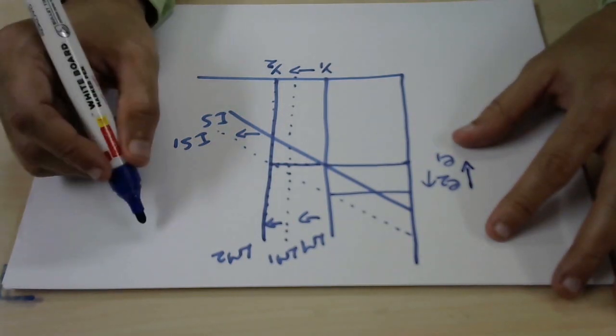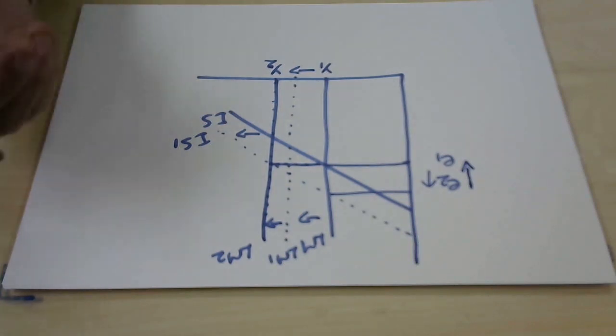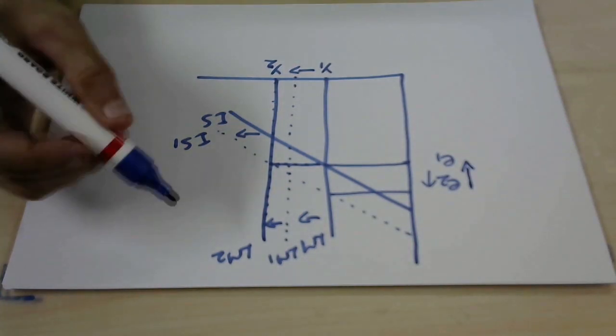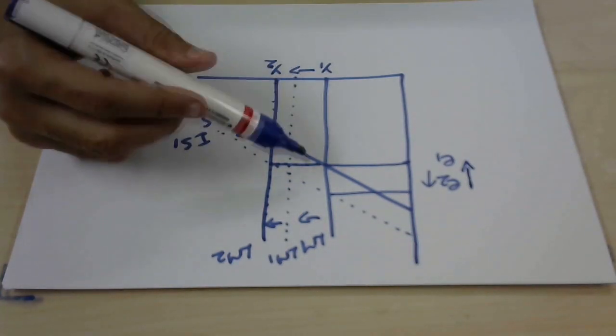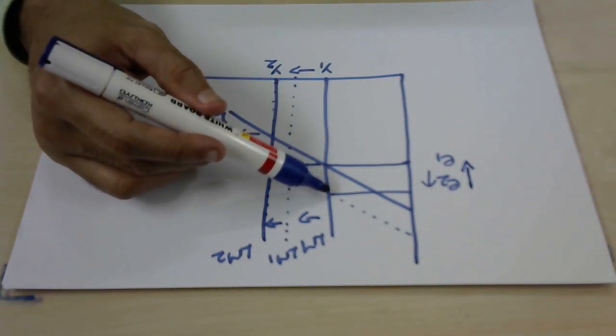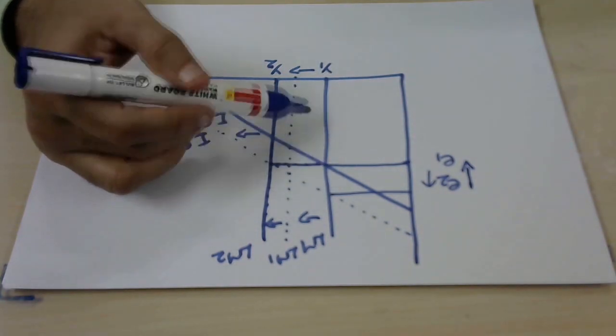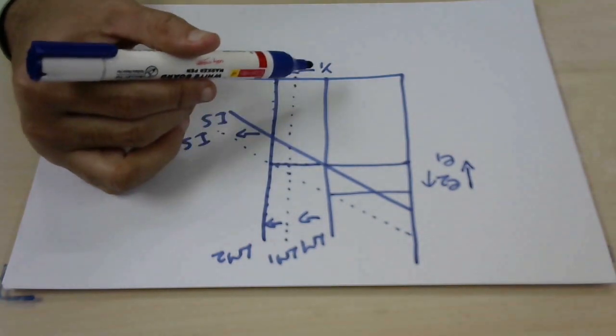So in the flexible exchange rate system, because the exchange rate was free to move, we were finding that fiscal policy was ineffective, because as the IS curve shifts to IS1, the exchange rate appreciates and that dampens net exports so that Y doesn't change.